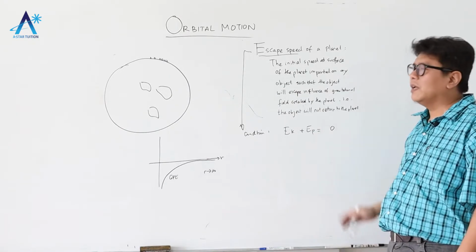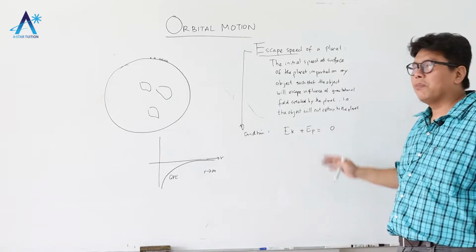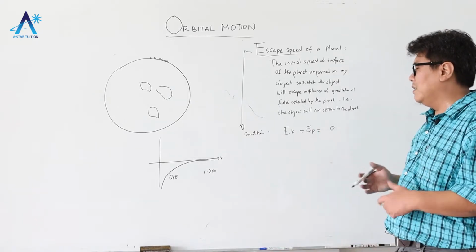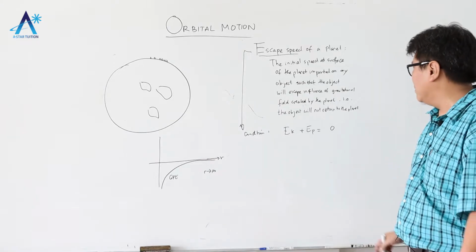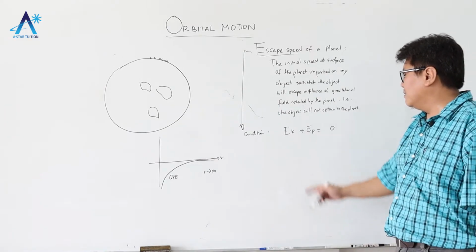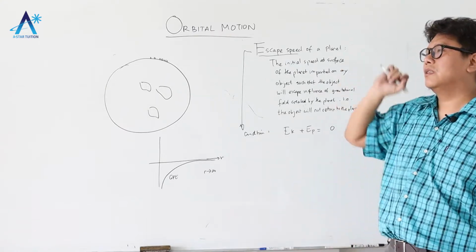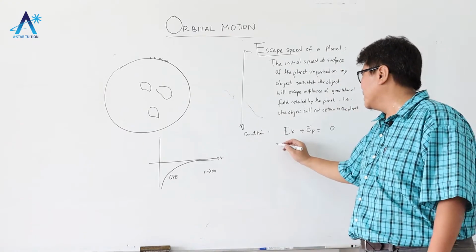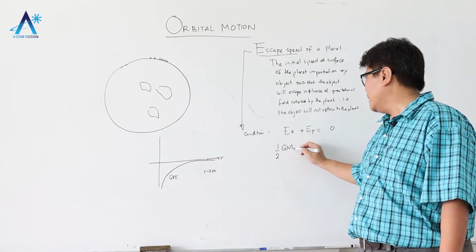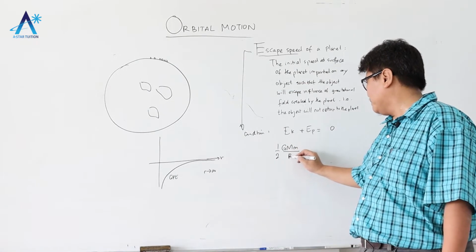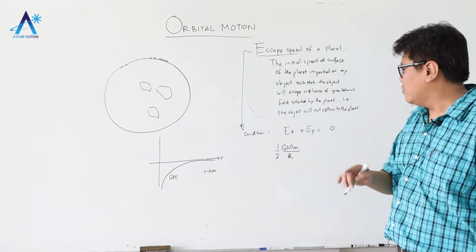So this is not really an exact equation, but it is approximate, because at far away distance, the GPE becomes negligible. So then, what is the kinetic energy at the initial moment, after you impart the initial speed to the object at the surface? Now remember the formula for kinetic energy in orbit, GMm over 2r.